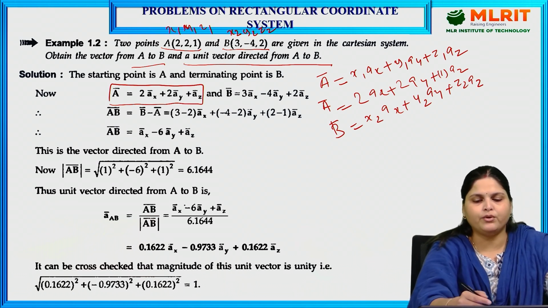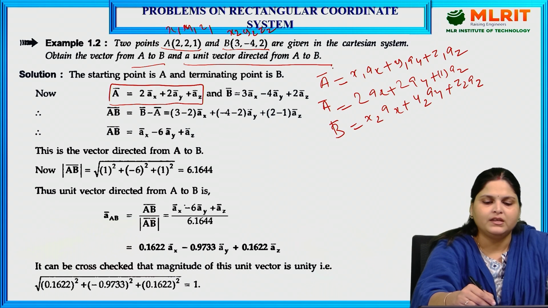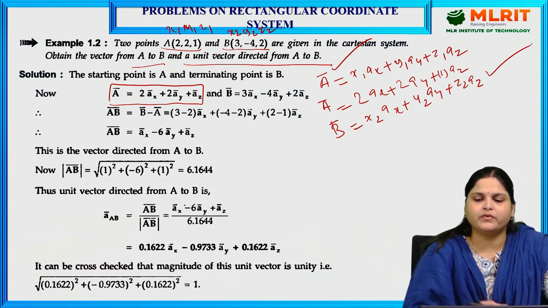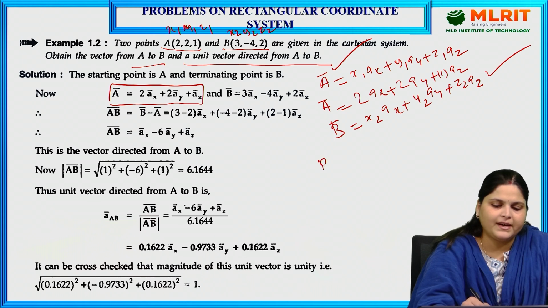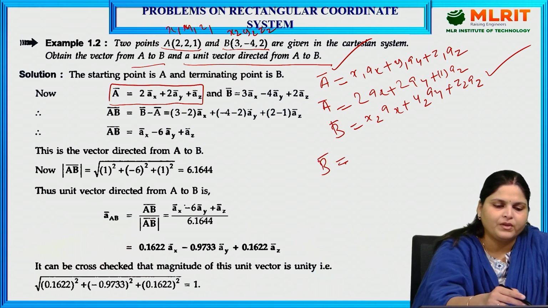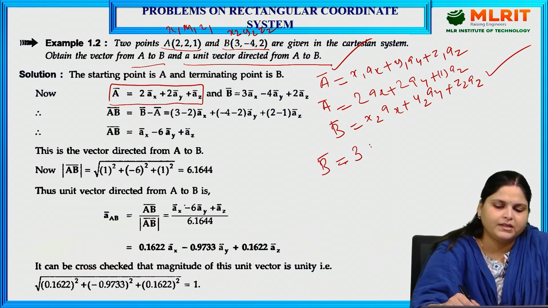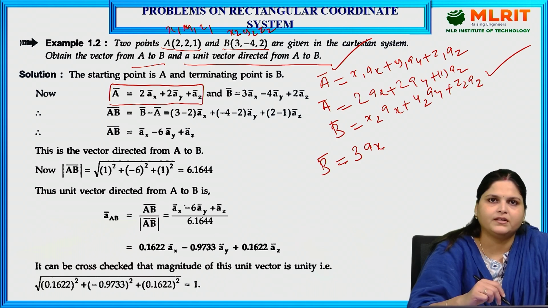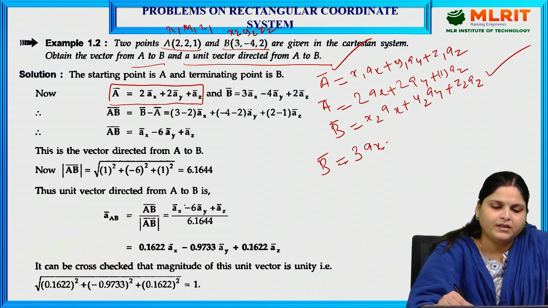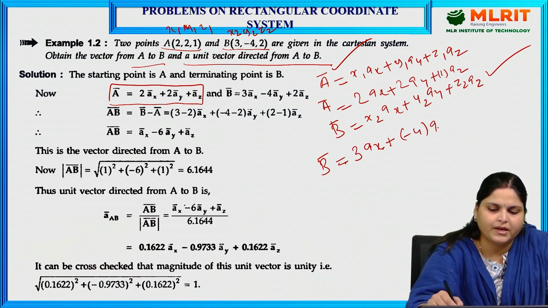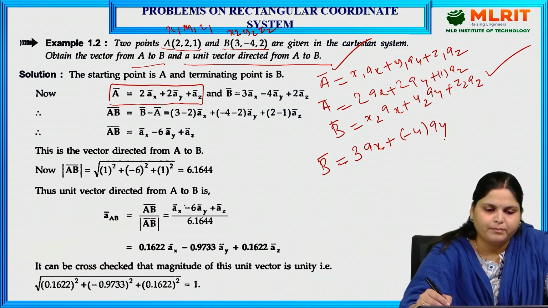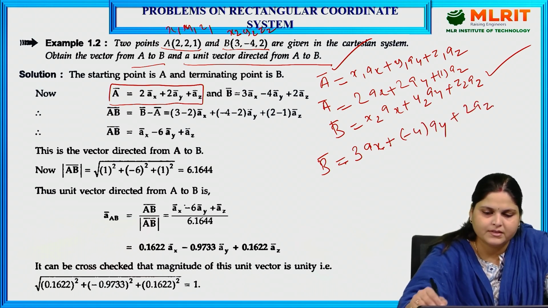I have told you how we are writing this equation by using this formula, and the second equation we will also write using the same formula. So again let's write the equation for B. Now what is x2 here? 3ax, then y2 is minus 4, so minus 4ay, plus 2az.